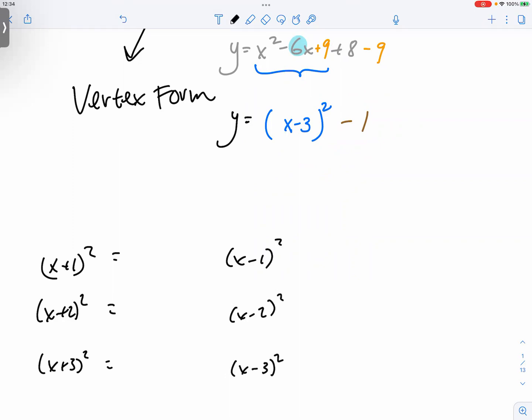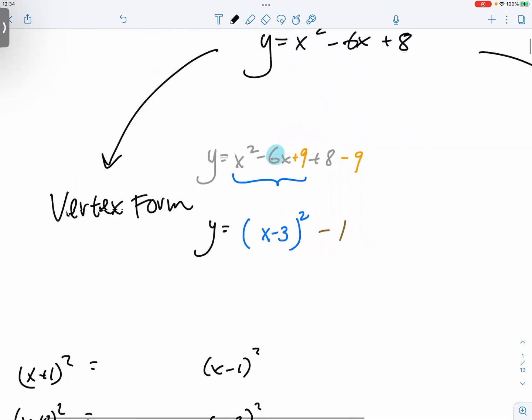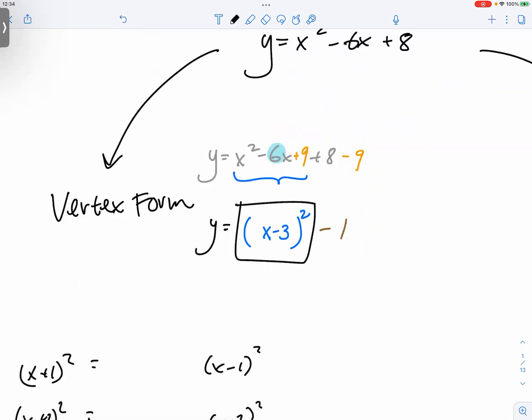And when you do enough, you will see that when we do vertex form, we want to get this perfect square, because now we can tell the vertex. Where's the vertex here? (3, -1). That's the whole reason why we're doing completing the square. Yes. What's that? You still don't understand the 9, right?